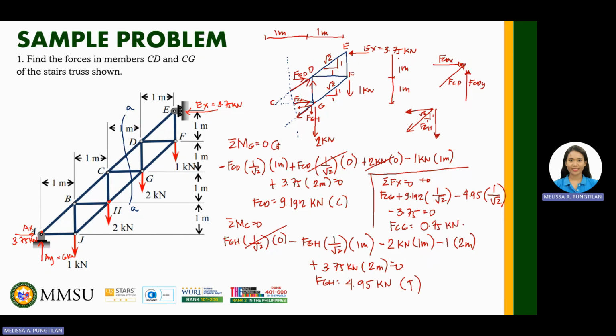Okay, positive. Therefore, FCG, the assumption was correct. Therefore, it is in compression. So these are the internal forces of CD and CG respectively. This is our answer, FCG and FCD.